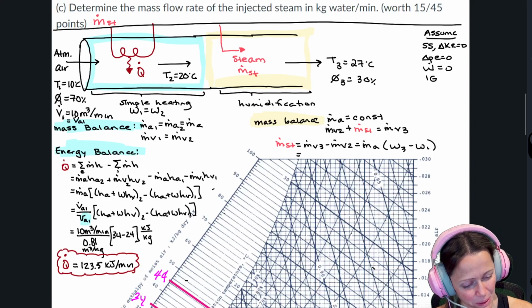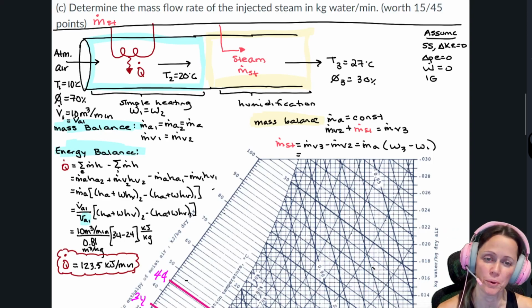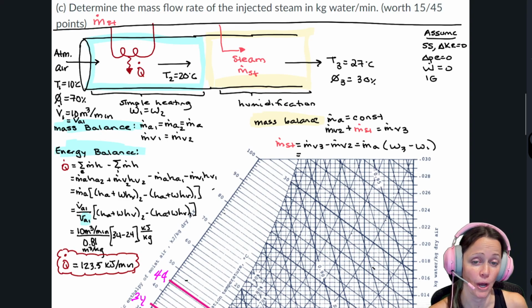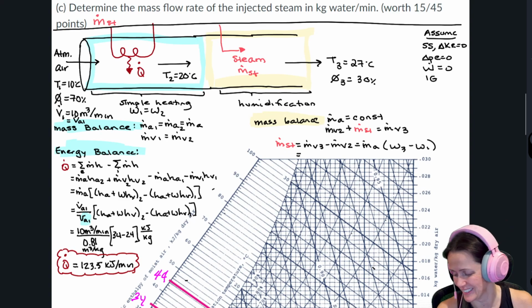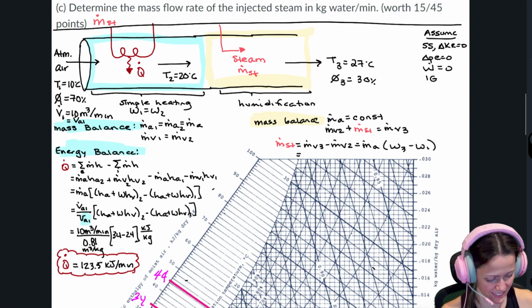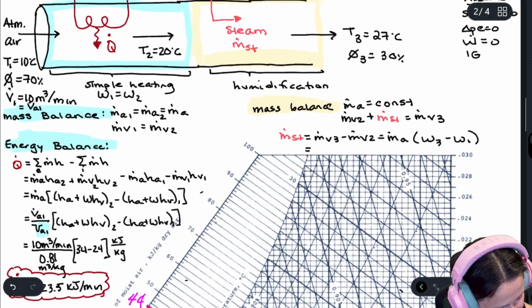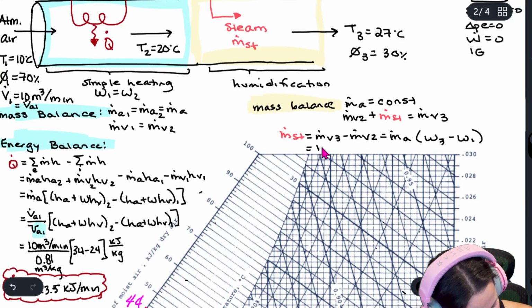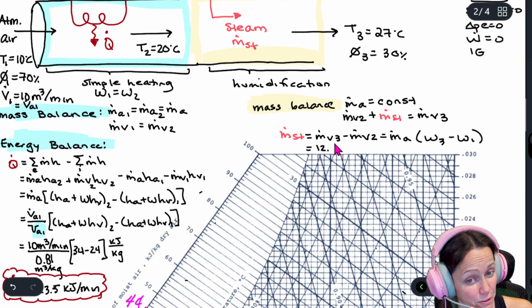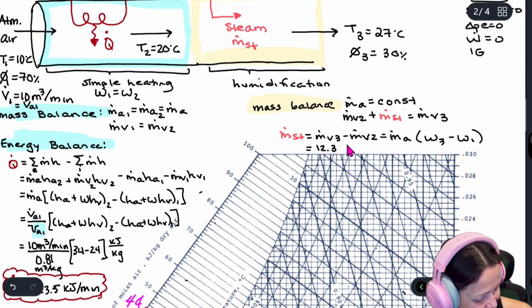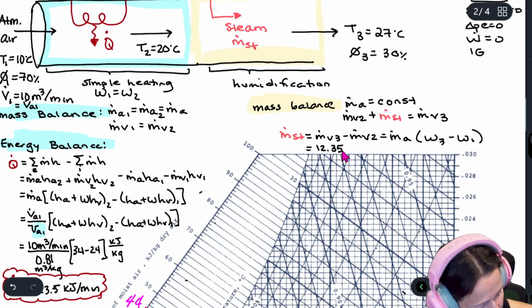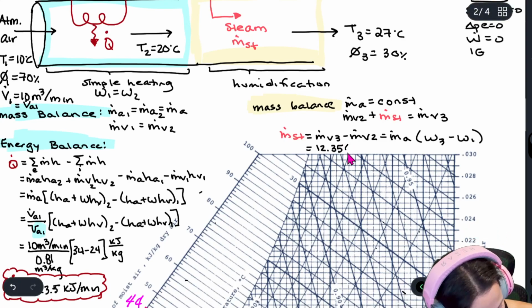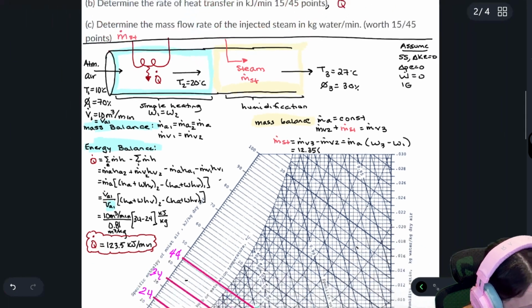So 10 divided by 0.81 is 12.3456, oh, it was almost perfect. It ends up being about 12.35, times our specific humidity.